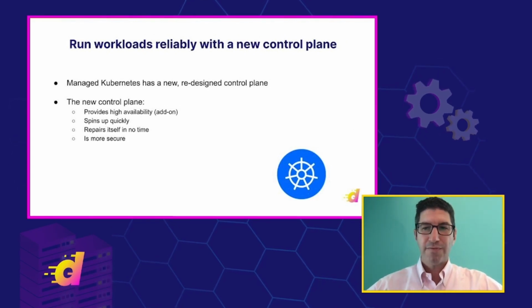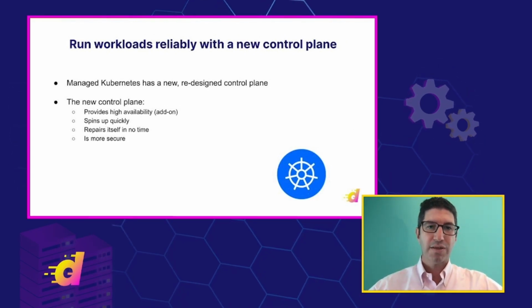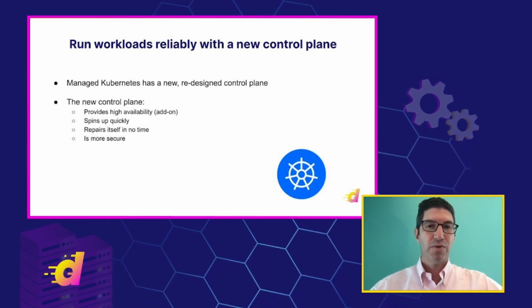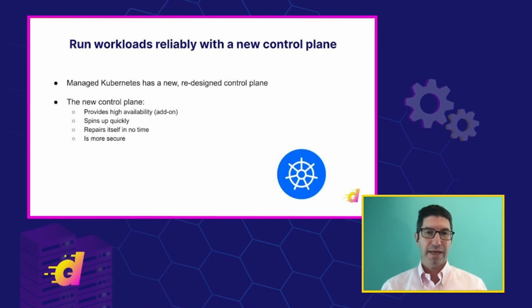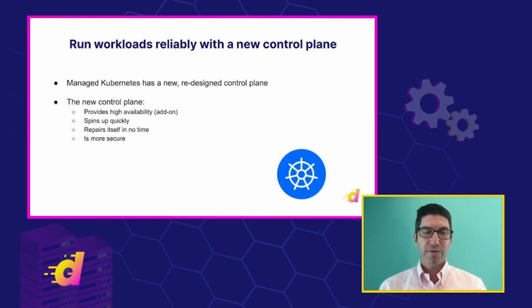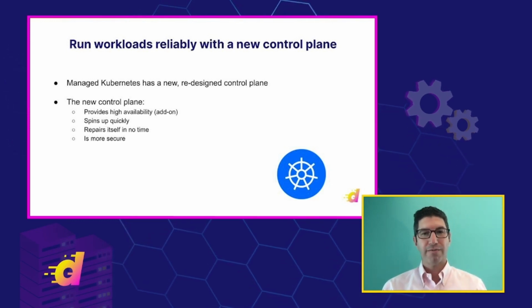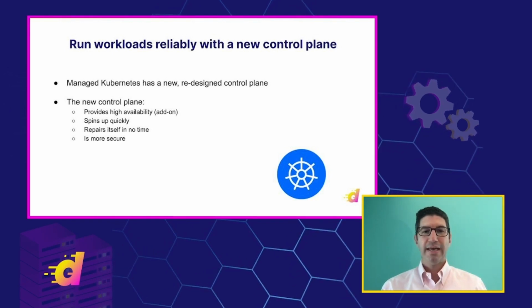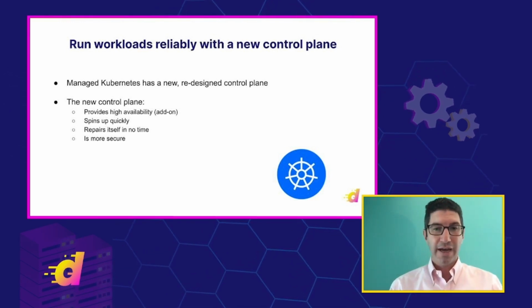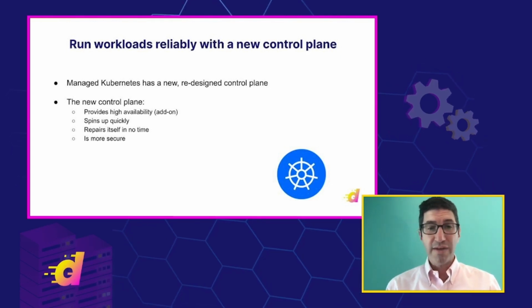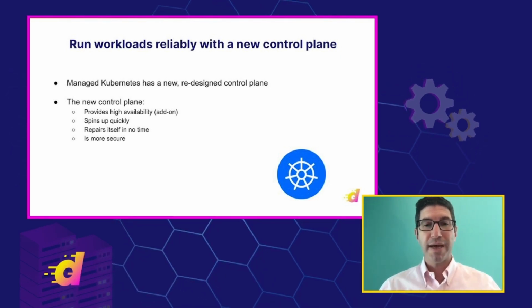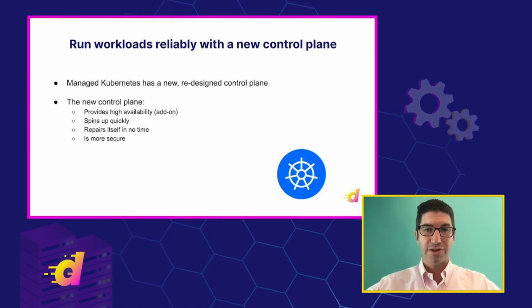And speaking of performance improvements across the board, with DigitalOcean Kubernetes service, we've done massive investments in the control plane. Right now, we've got an early availability offering of our new control plane, and it includes optional high availability master nodes as part of your cluster. You even get those high availability master nodes for free with certain cluster configurations.